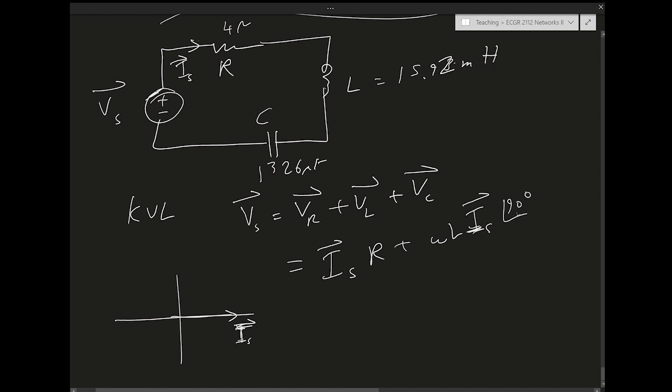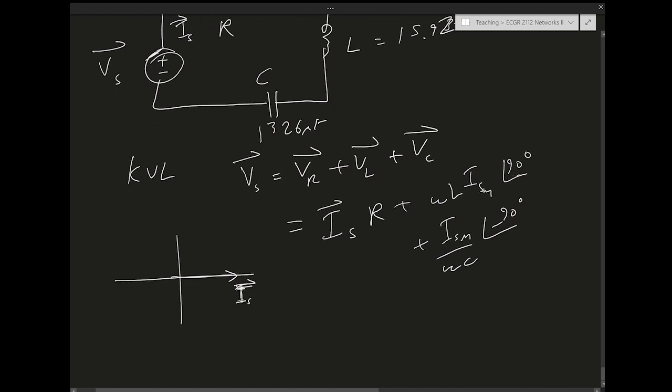so this is 90 degrees extra to the angle that IS has, plus the I phasor over omega C at minus 90 degrees. Instead of IS, I could say IS magnitude, because I'm considering I to be the reference phasor, so it has zero angle.